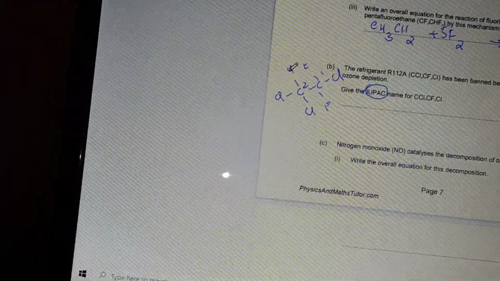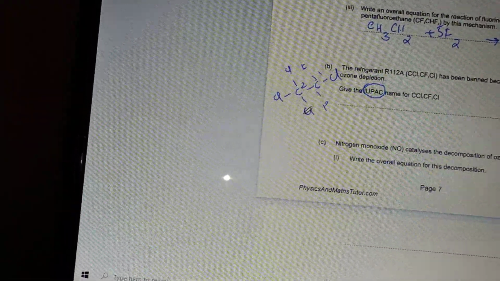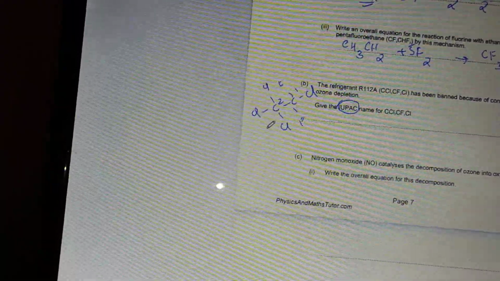Now, naming this, it will be 1, 2, 2, 2, tetrachloro, 2, difluoroethane.